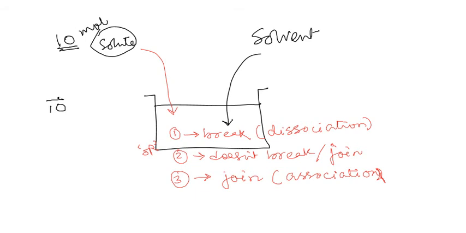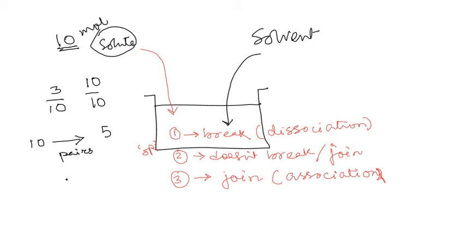Let's say out of 10, 3 have broken, or all 10 have broken. Or we took 10 molecules, and they got associated as pairs, so we had 5 molecules after association.